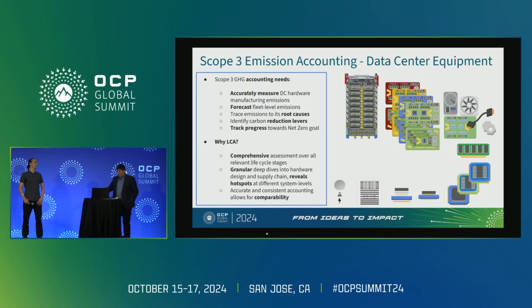So we've learned a lot about the Scope 3 assessment in the earlier talks today. For Google also, this is a very significant area where emissions are arising. Our team is responsible for accurately measuring and quantifying the Scope 3 emissions of everything that goes into our fleet, meaning computing, storage, accelerator platforms.